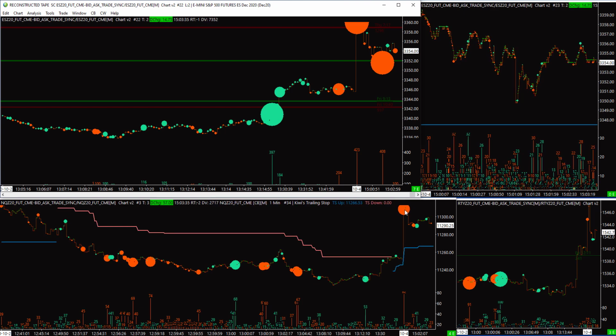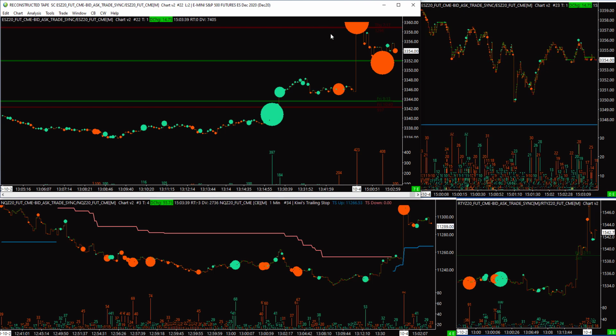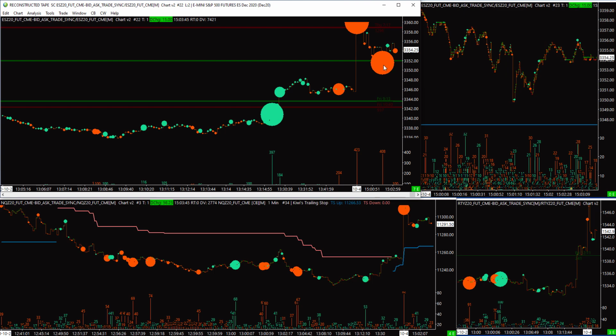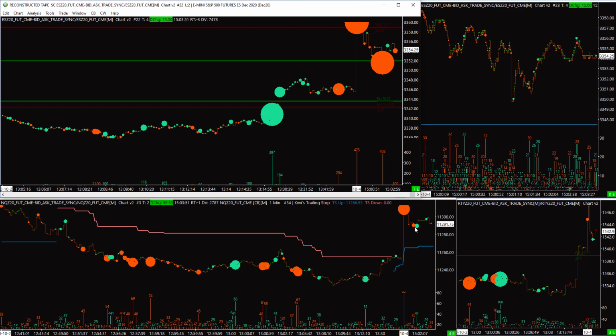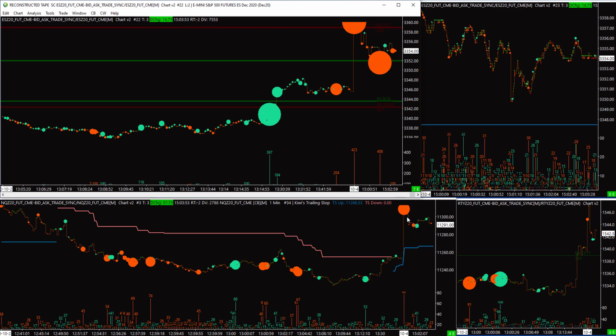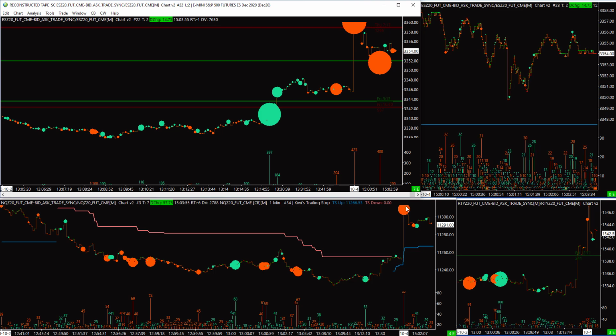So there were more sellers than buyers at the very beginning, opening in NQ and ES. And then we saw another player come in with large order flow, only on ES. We saw a little bit on NQ. So I'd be looking to get short and for the auction to be lower.